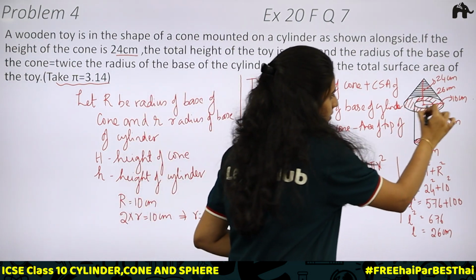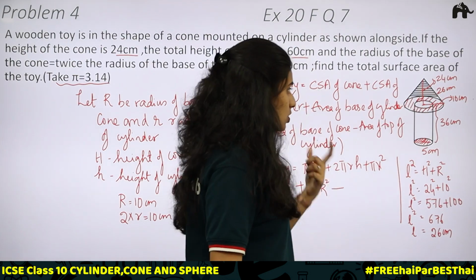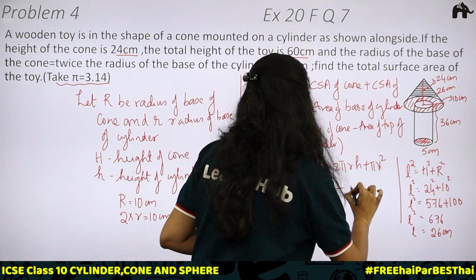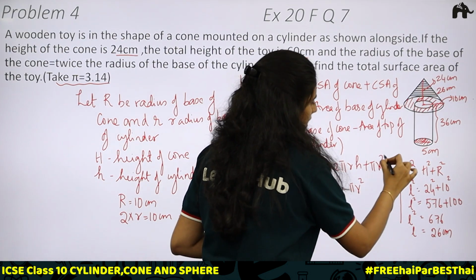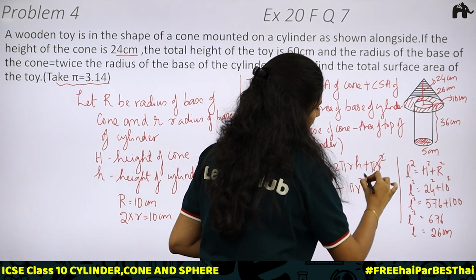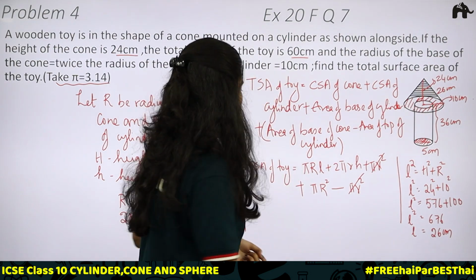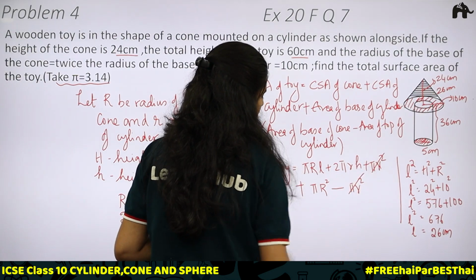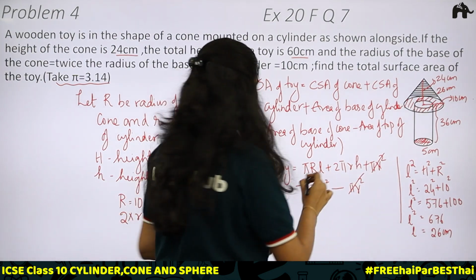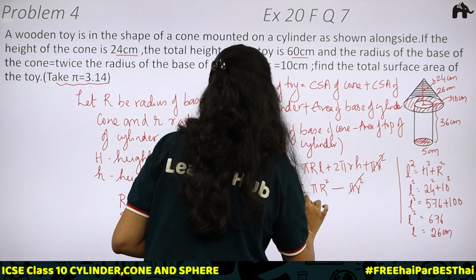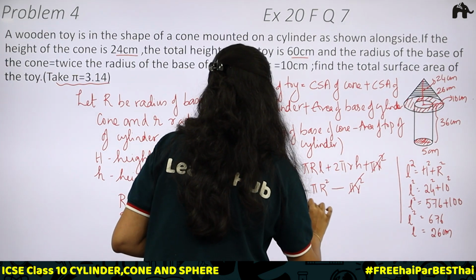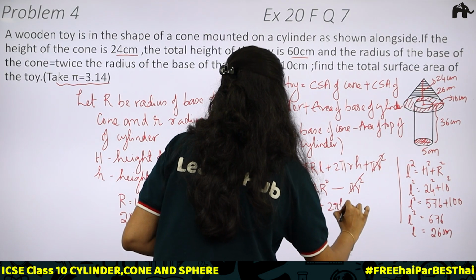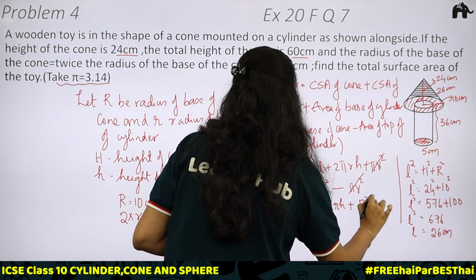Top of cylinder is again circular in shape, of radius small r, therefore pi small r square. The pi r square and minus pi r square can be removed. We will be having pi R L plus 2 pi r h plus pi R square. Pi can be taken out: capital R L plus 2 r h plus capital R square.